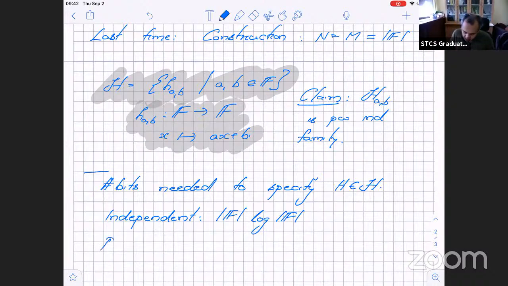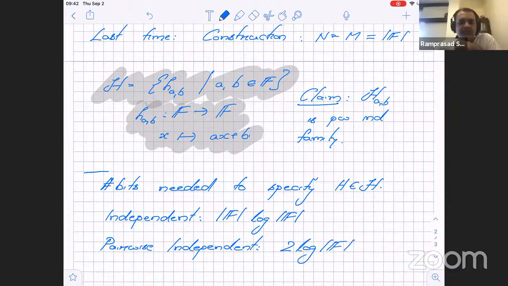Whereas if you do it in the pairwise independent fashion, to specify the function I just needed 2 elements from the field. So all I needed is to pick 2 log |F| bits. That's the number of bits required.